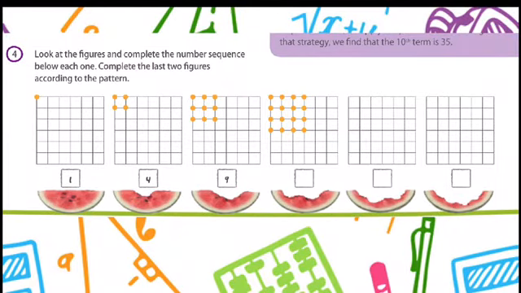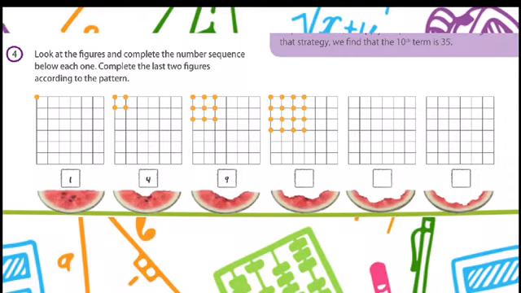Okay, guys, I hope that you answered this exercise and that you understand how to complete the last two figures according to the pattern. Remember, what is the pattern of this exercise? We have to see how many in the number sequence.